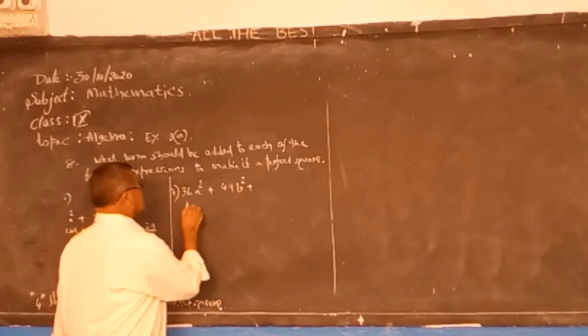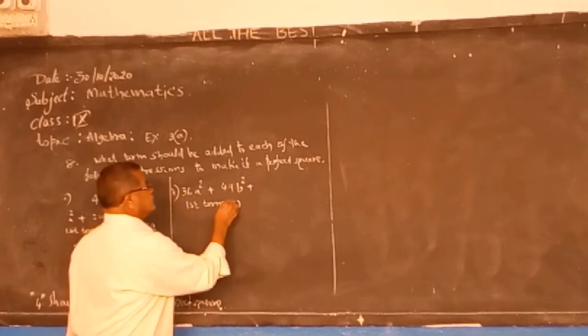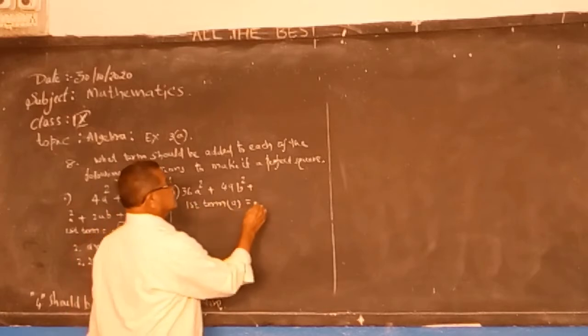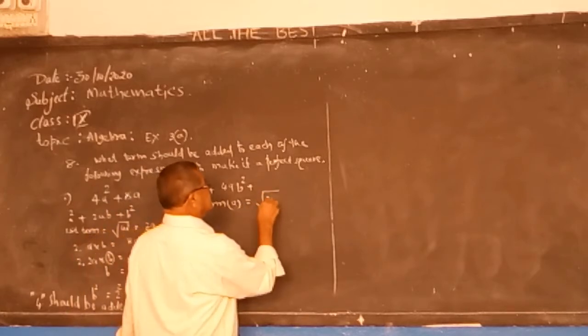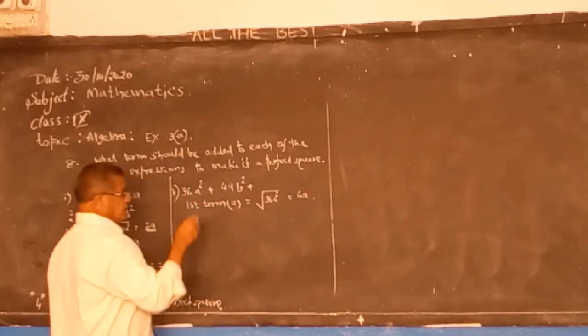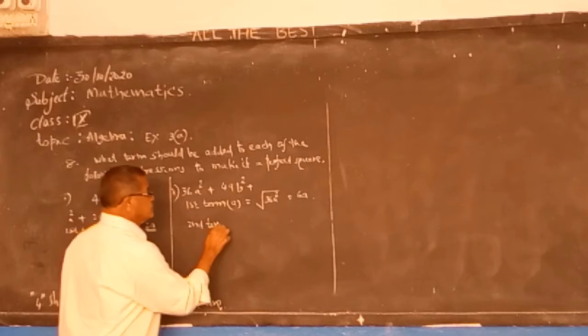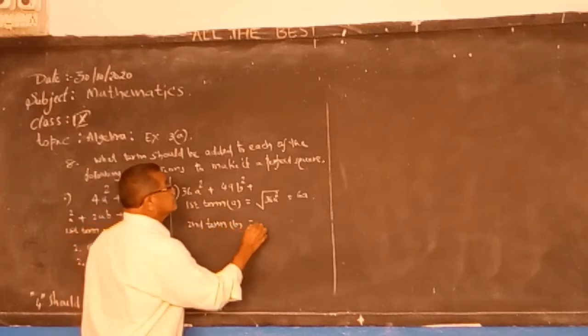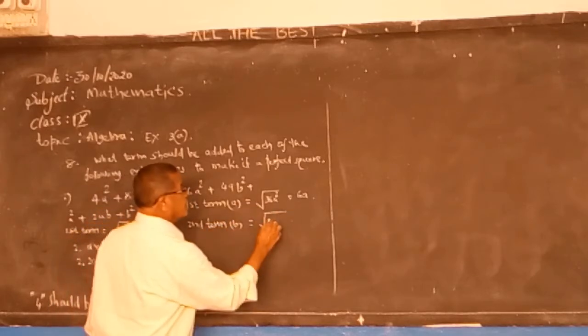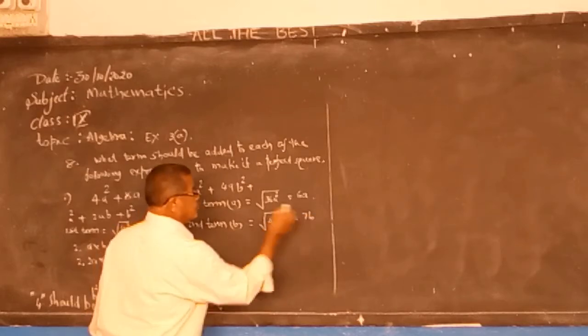The first term a is equal to the square root of 36a squared, that is 6a. The second term b is equal to the square root of 49b squared, that is 7b.